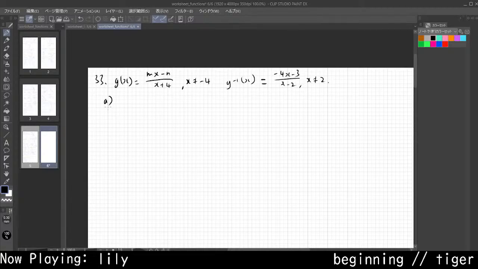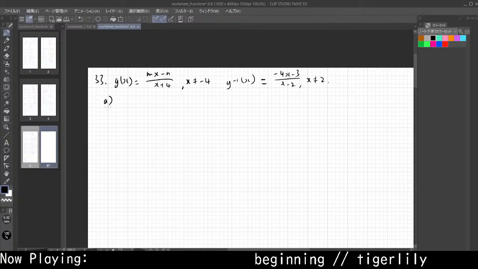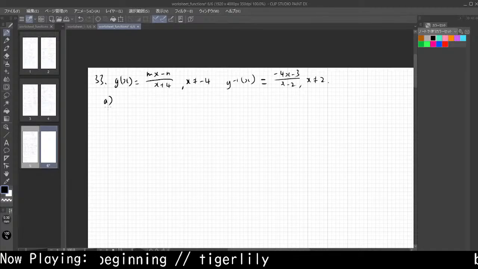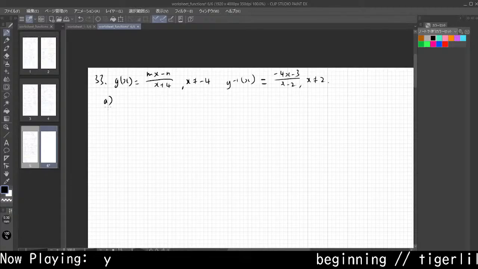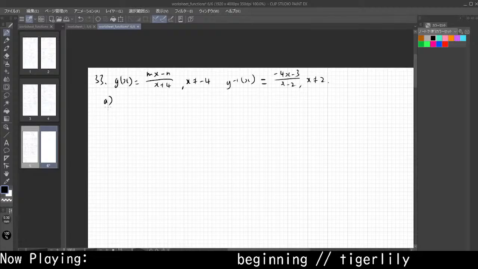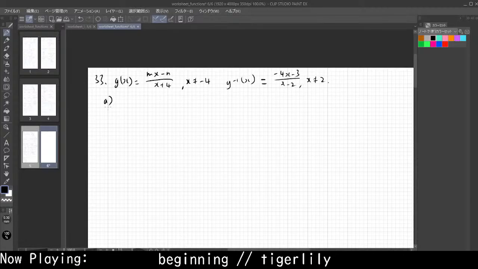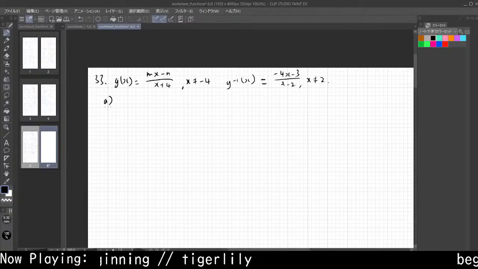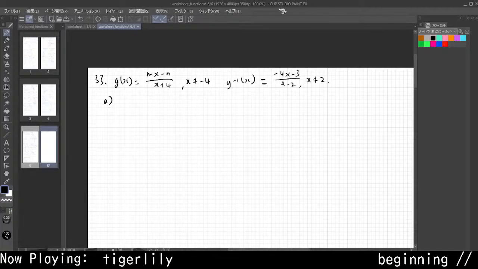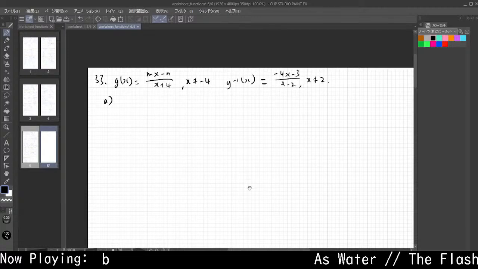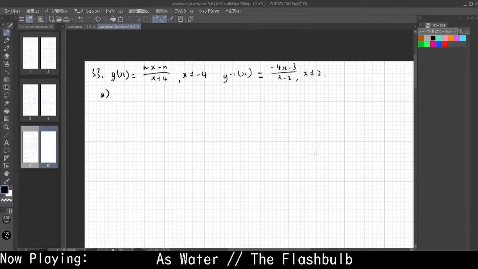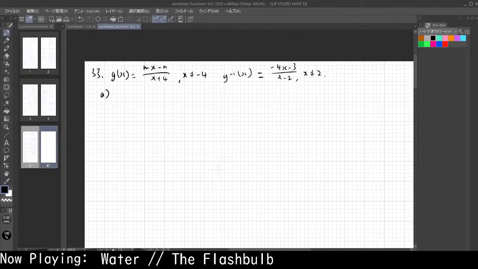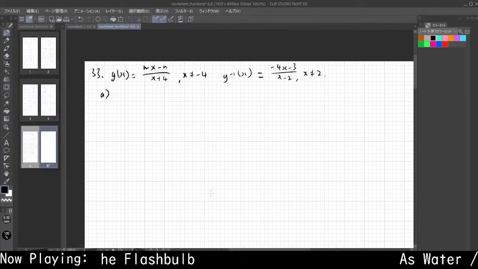Okay, let's do this. So gg inverse, you absolutely can do that, but it'll be very tedious.